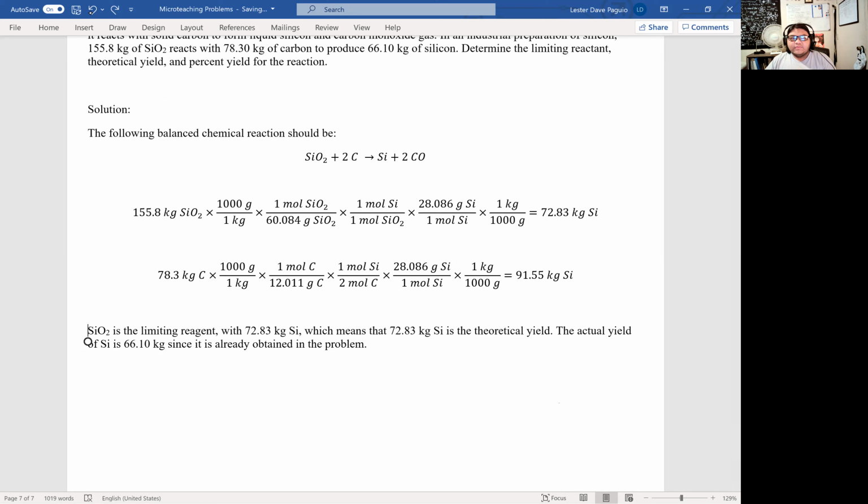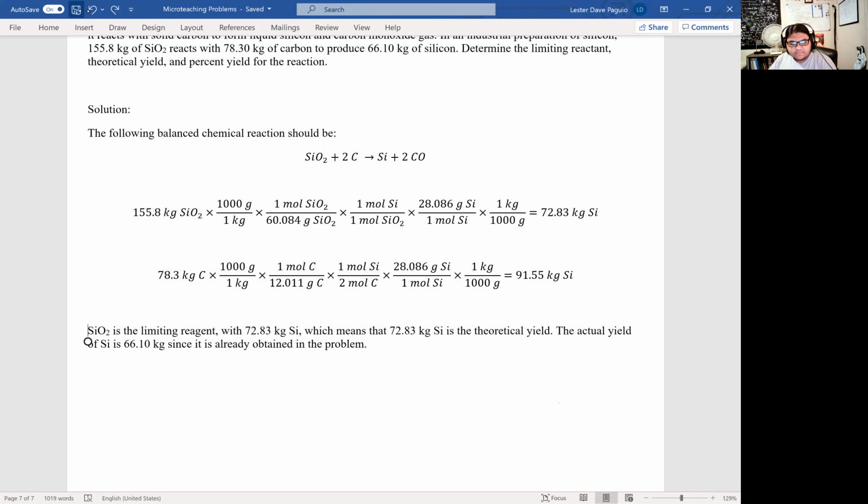And even though we use all of it, the excess reagent is carbon, because even though we use all of the silicon oxide, we still have remaining carbon in the reaction. This also means that the 72.83 kilograms of silicon is the theoretical yield, and the actual yield of silicon is 66.10 kilograms since it is already given in the problem.